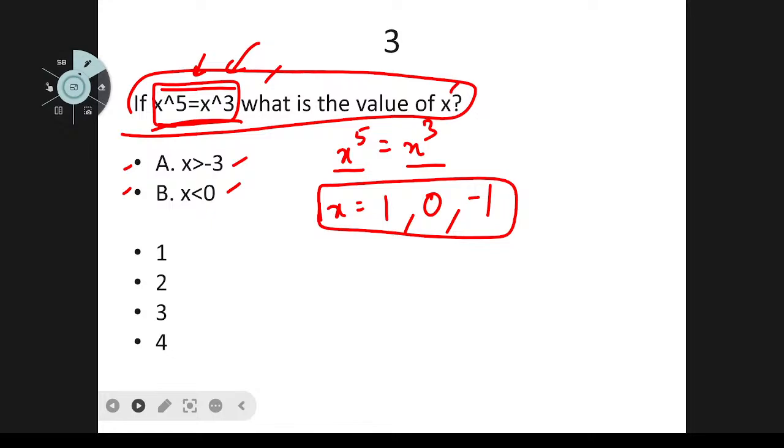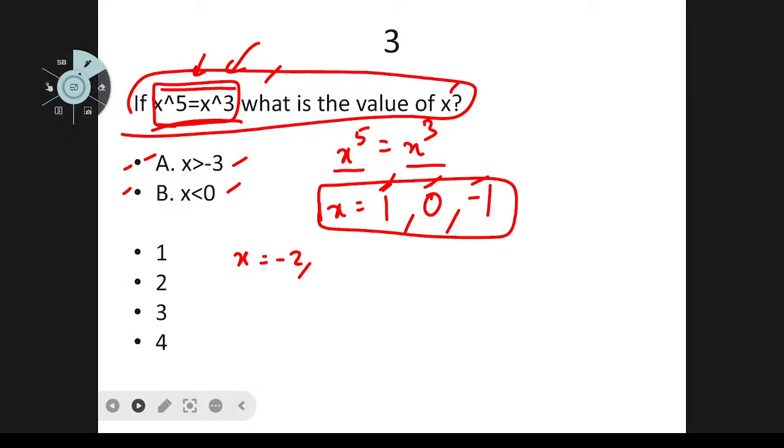By the first statement, it says x is greater than -3. If it is greater than -3, it can be -2 also, or -2.5 also. It just has to be greater than -3. It is not given that x is an integer here, but from the equation I understand that it has to be an integer, otherwise there is no option. Those integers have to be either 1 or 0 or -1.